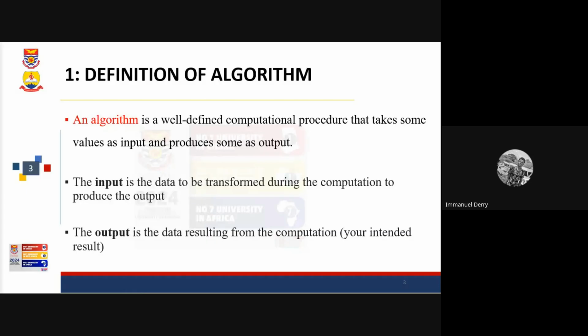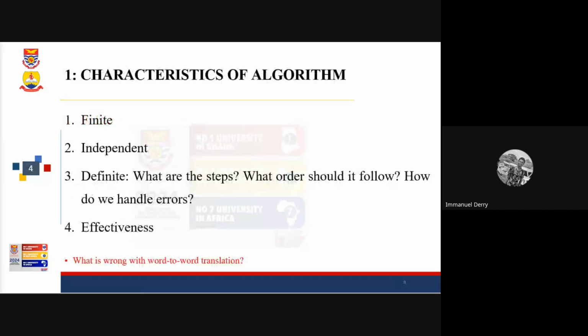Inputs are basically raw data to be transformed during the computational processes or procedures within the algorithm. The output is the data resulting from every computational process, or the result out of the algorithm. So for the calculator that we use, there are algorithms written in them that give us the opportunity to provide inputs, and then they give us some output as well. That's a basic overview of what an algorithm is.